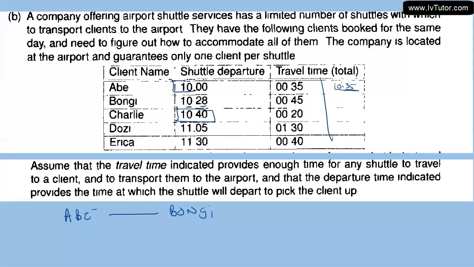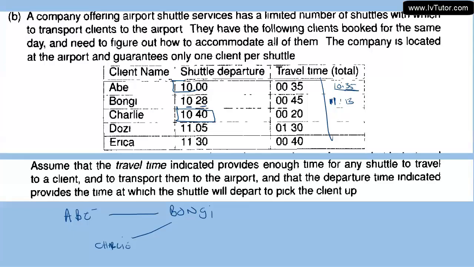So 10:28 plus 45, we're going to have 11:13, it will be back, right? So Wongi and Charlie, this is back at 11:13. This one cannot go and collect Charlie. So Wongi and Charlie have got a constraint there.